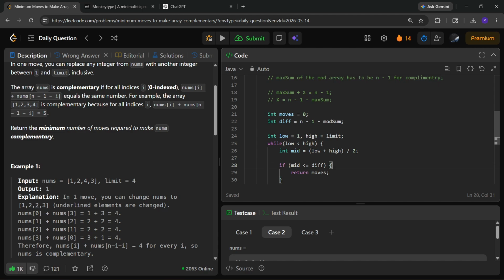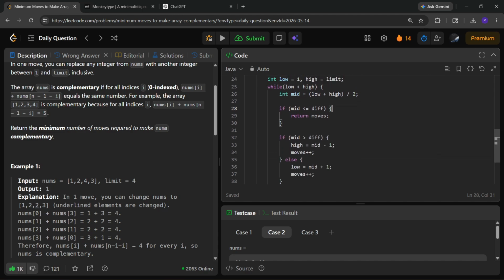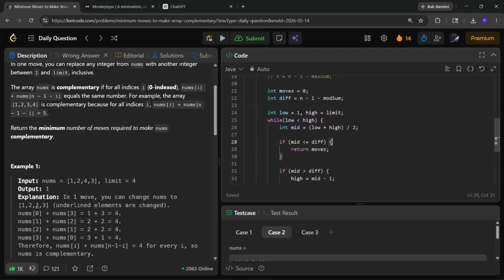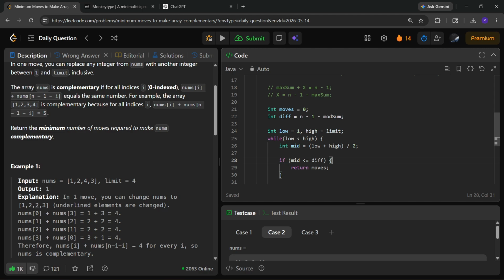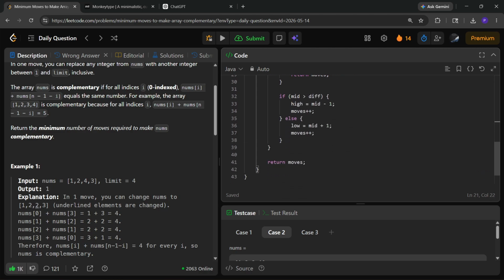If I have to find, then this has to be equal to. What was that? We start from one.